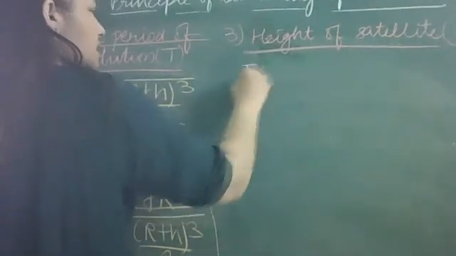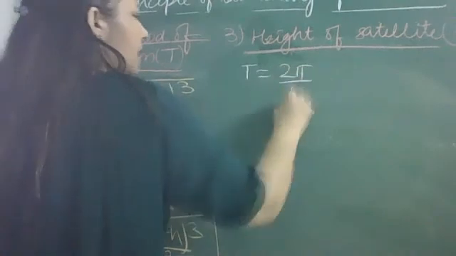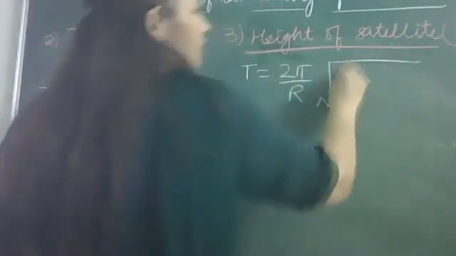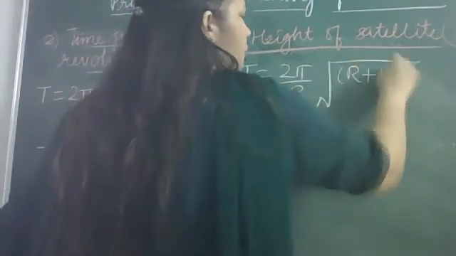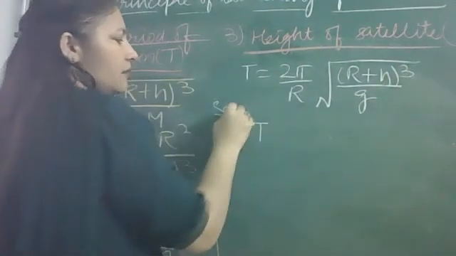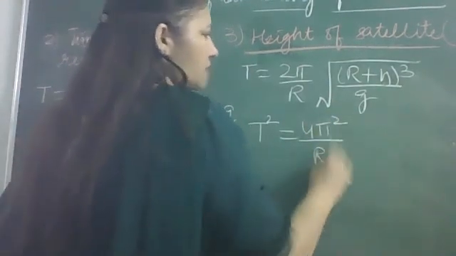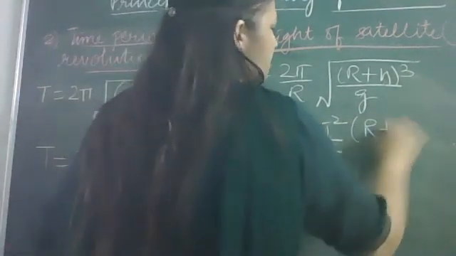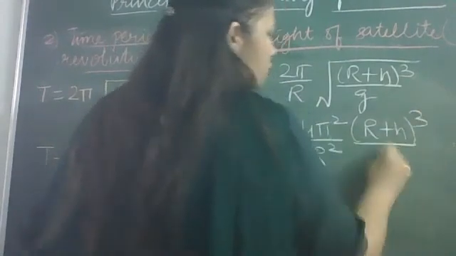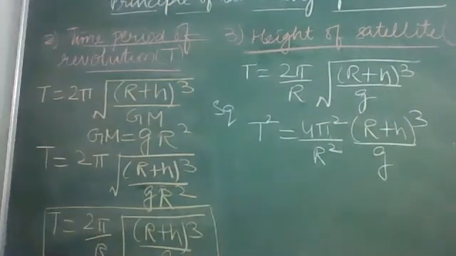So we got this expression of time period, 2 pi by r under the root r plus h cube upon g. Squaring both sides, T square is 4 pi square over r square, r plus h cube upon g. I hope this step is clear to you.